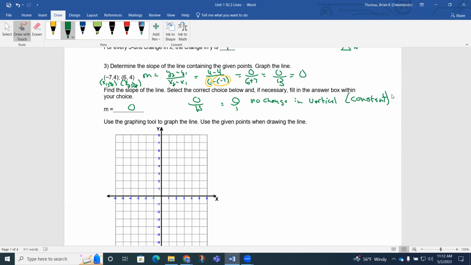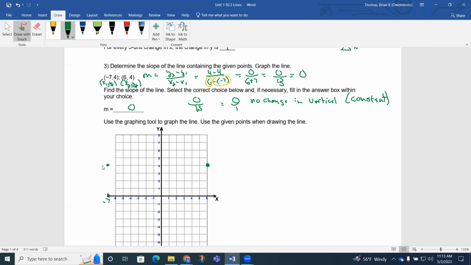So if I want to graph this, the easiest way would be just to plot the 2 points. So -7, 4. I didn't make my graph big enough. 1, 2, 3, 4, 5, 6. -7 would be over here, actually. And 4 up. 1, 2, 3, 4. So -7, 4 would actually be located at this spot. 6, 4 would be way over here.